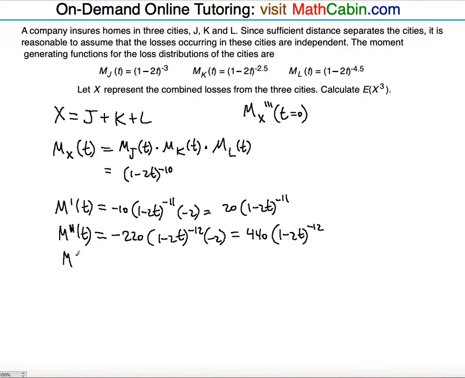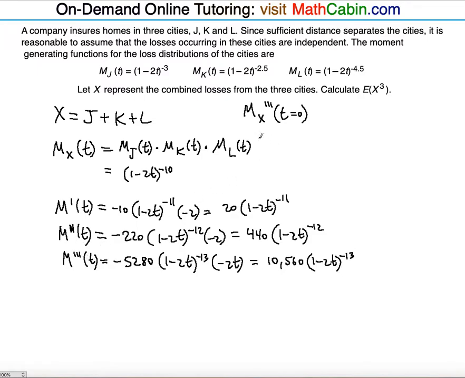Excellent. Now the third derivative: the negative 12 multiplies the 440, so that's minus 5,280. Then 1 minus 2t, the power decreases by 1, and the inside derivative multiplies. So that's equal to 10,560 multiplied by (1 minus 2t) to the negative 13 power.